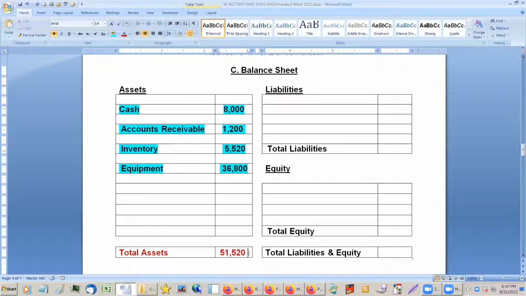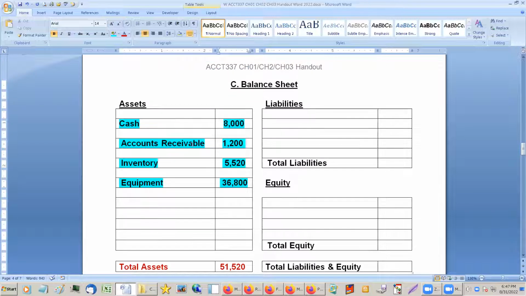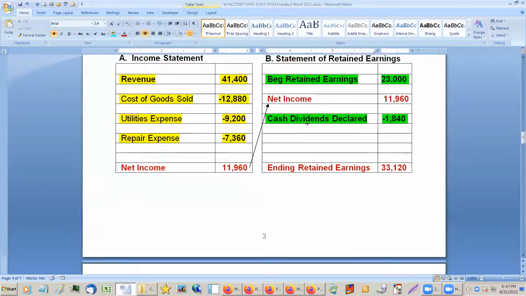And so then we have to tell people, well, how did we get this? We have $51,520 worth of stuff, and now we have to explain how we got it.